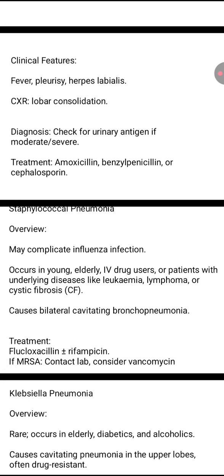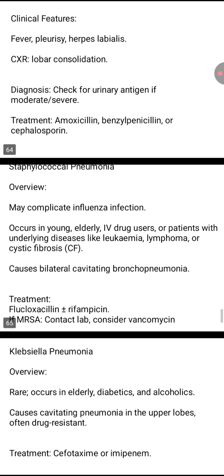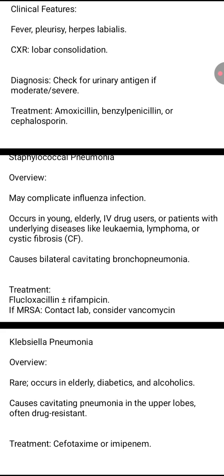For staphylococcal pneumonia overview, it may complicate influenza infection because it can occur in the young, in the elderly, in people who use intravenous drugs, IV drug users, or patients with underlying disease like leukemia, lymphoma, or cystic fibrosis.